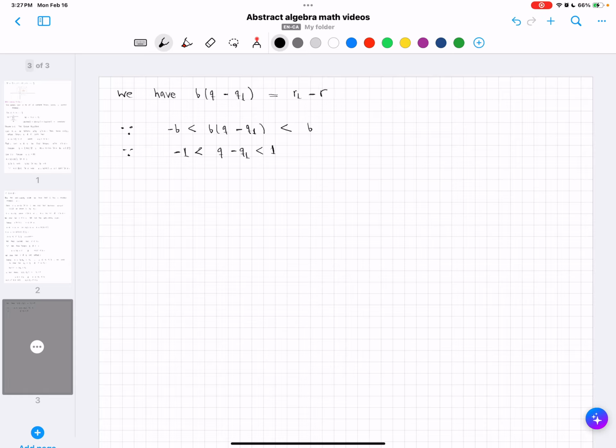And Q minus Q1 is an integer between negative 1 and 1. So that means that Q minus Q1 is 0.